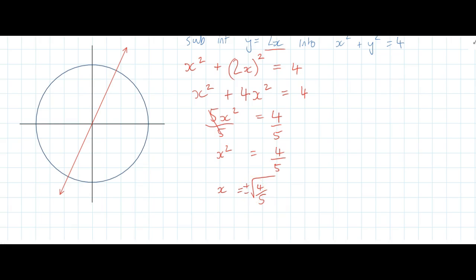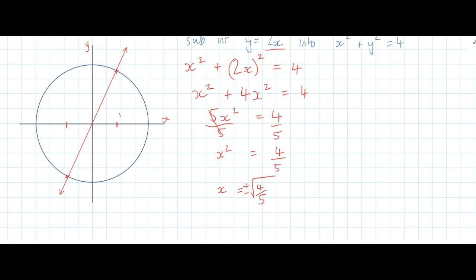So what that means is in this graph here, this being the x-axis and this being the y-axis, we know that the intersection points are going to be here and here. And what you should see is that this is a positive value of x and this is a negative value of x. So this will be positive square root of 4 actually.